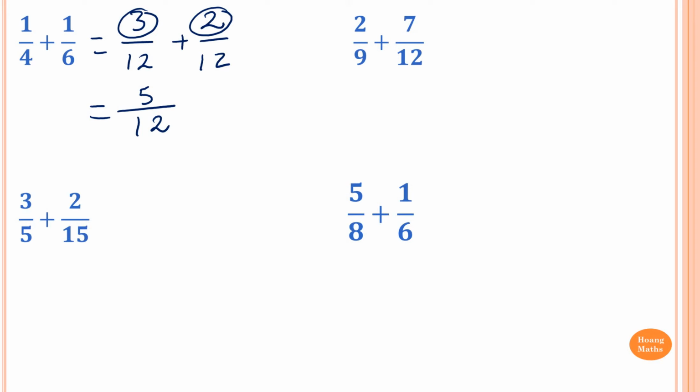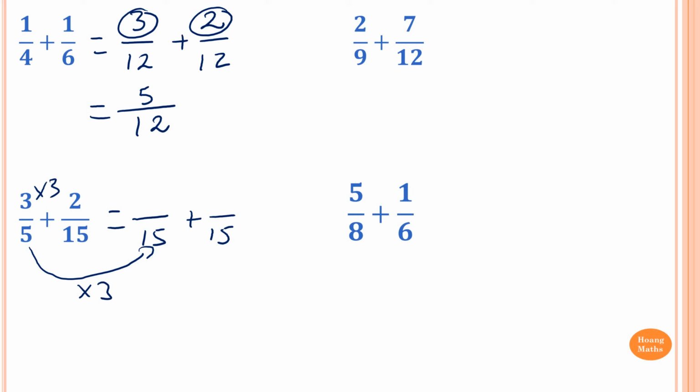3 over 5 plus 2 over 15. So 15 is a multiple of 5. So therefore, the common denominator, or the bottom if you like, must be 15. So I just write this 15 down. So from 5 to 15 is 3 times. So you times this by 3. So the top must times by 3.